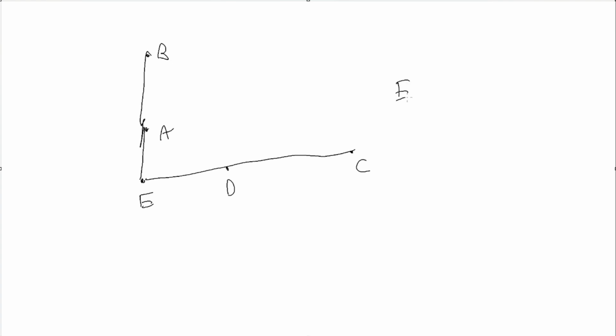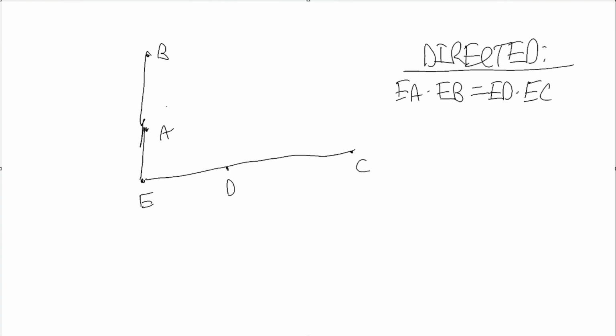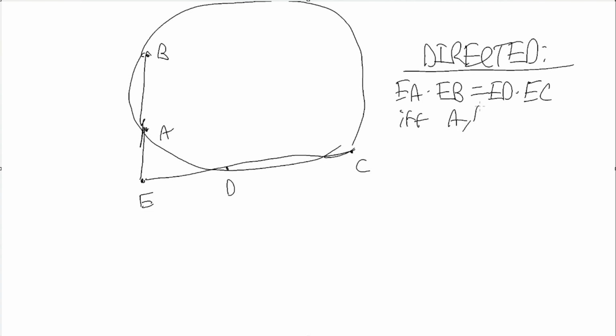Then if EA times EB is equal to ED times EC in directed lengths, then the points A, B, C, and D are concyclic. Sorry, that's a bad circle. It should be something like that, I guess. So if we use directed lengths, then the power of a point converse holds. So if and only if A, B, C, D are cyclic.